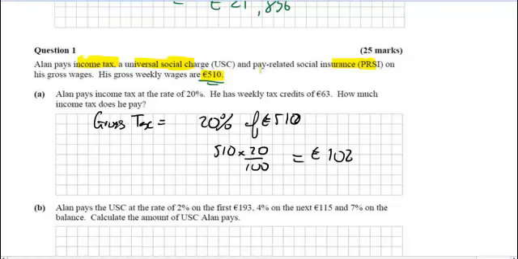But wait a minute, there are tax credits of 63, so we can subtract them. Minus 63. Tax credits are great, they reduce the amount of tax you have to pay. So 102 minus 63 leaves €39, and that is the net income tax he pays.